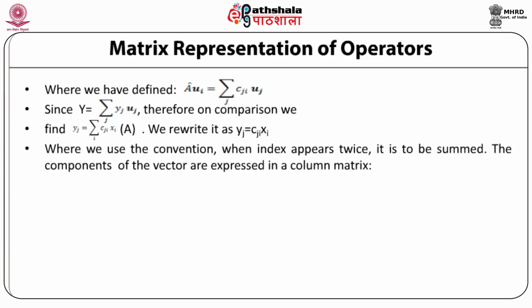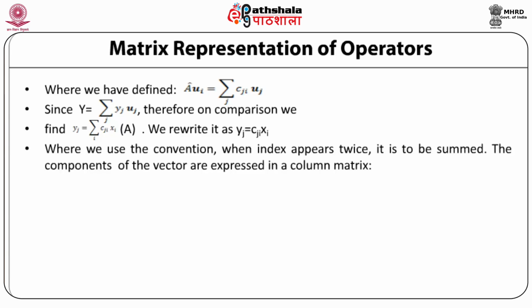Now, since the vector y is equal to summation over j yj uj, on comparison with the above equation, we find that yj is equal to summation over i cji xi. We can rewrite it as yj equal to cji xi. Here we have used the convention that when an index appears twice, it is to be summed over.